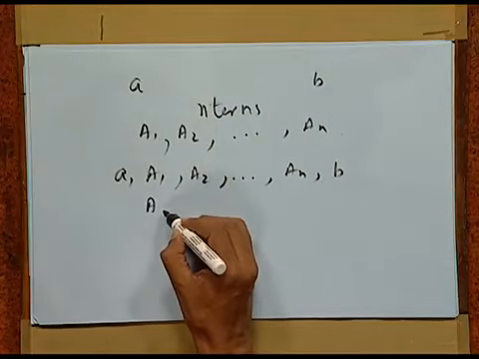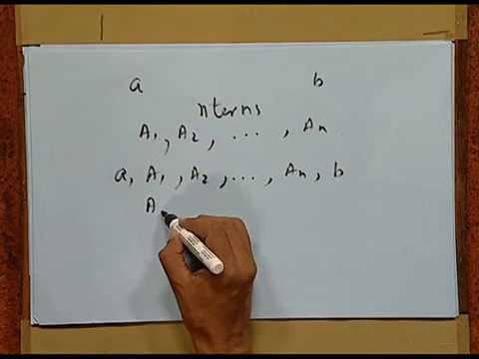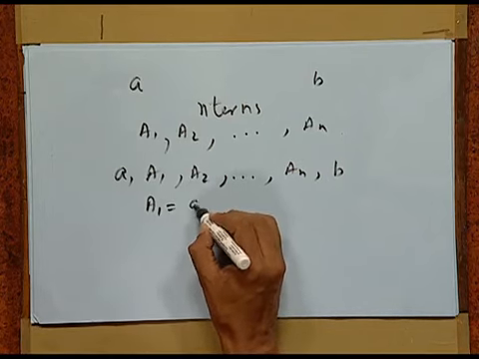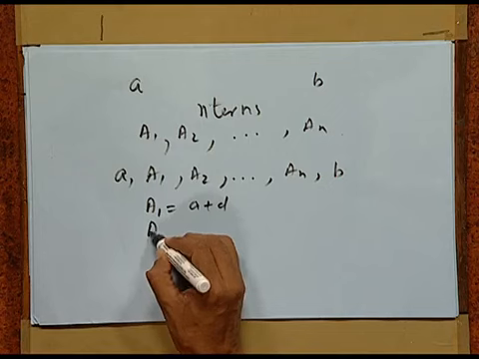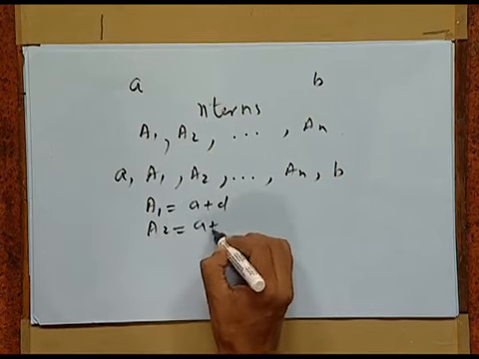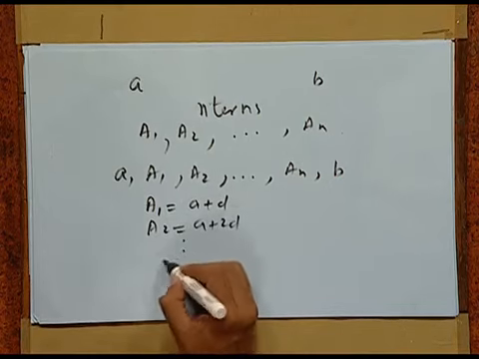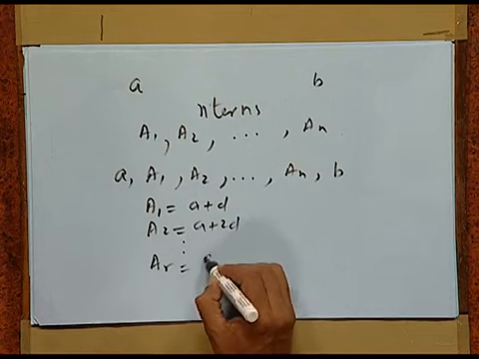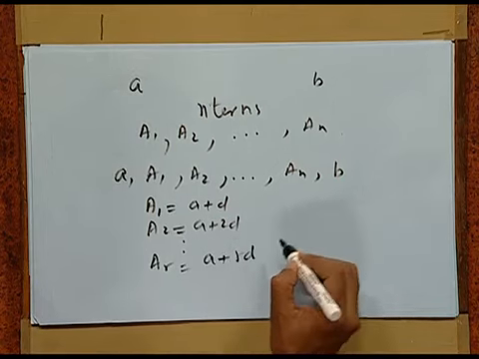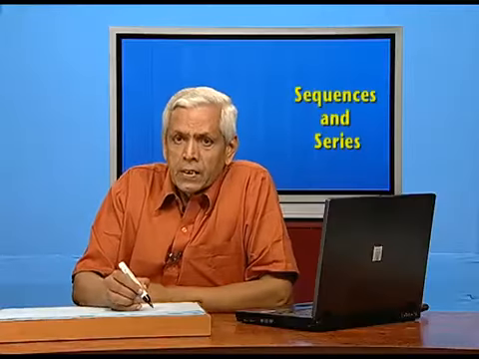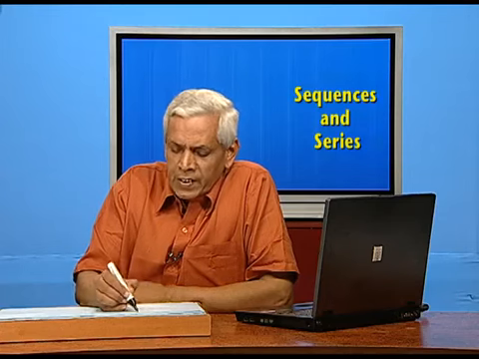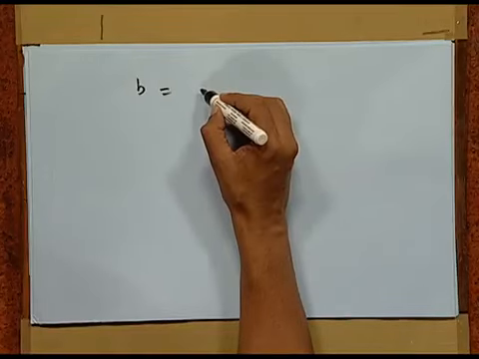Once again, we have to find D. A1 is A plus D, A2 is A plus 2D. In general, AR will be A plus RD, where R varies from 1, 2 up to N. Now, in this sequence, B is the n plus 2th term.